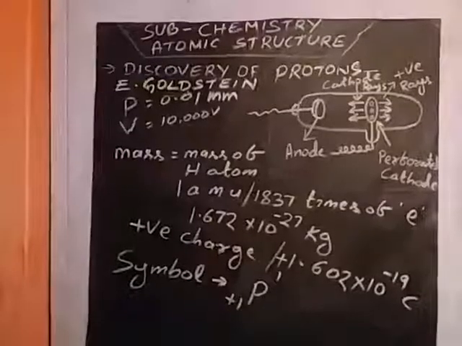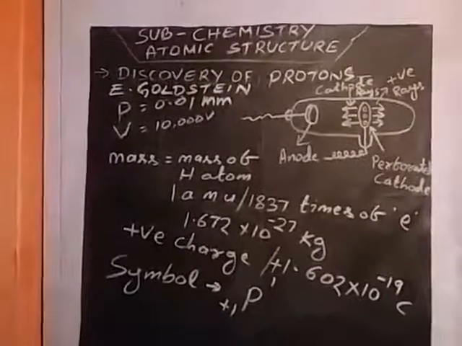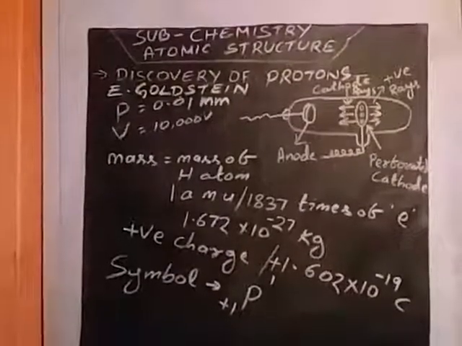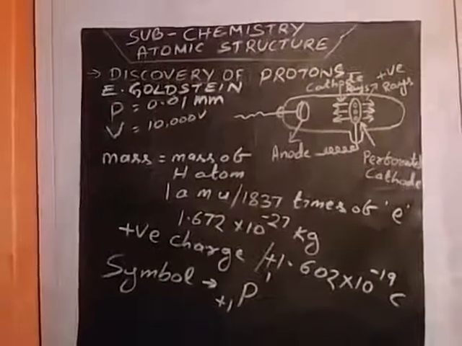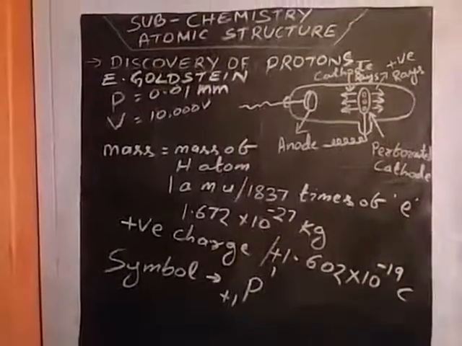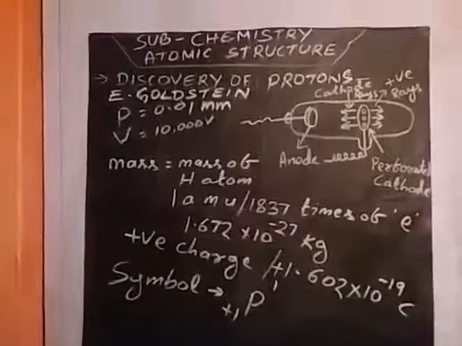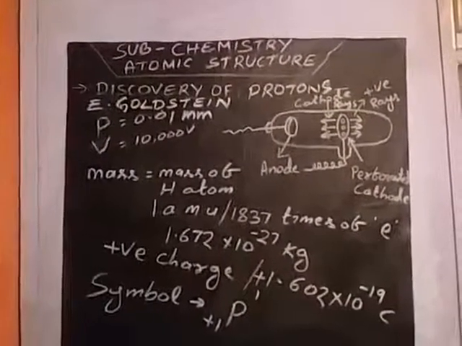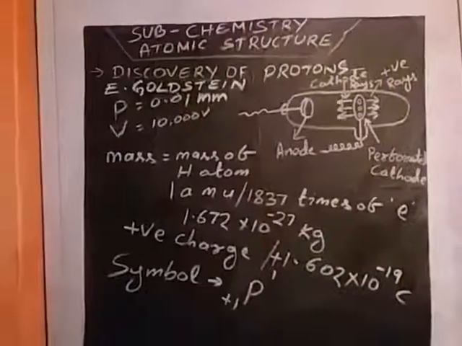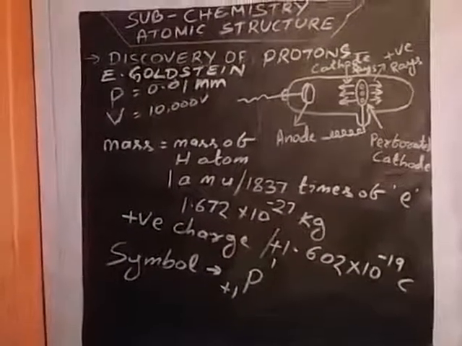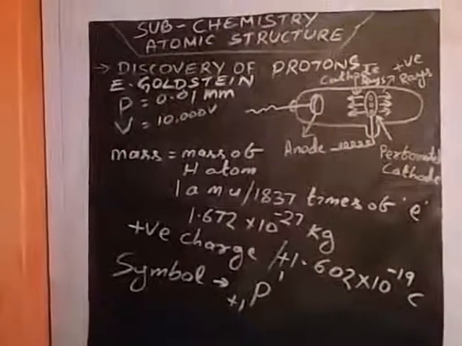Their properties: they also move in a straight line. If you put a magnetic field, they deflect, negative towards positive and positive towards negative. If you put a turbine, the blades of the turbine rotate, so they have some energy. This is known as positively charged, and it is named protons.